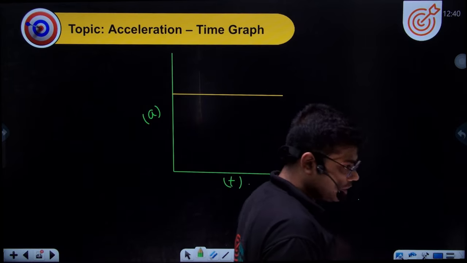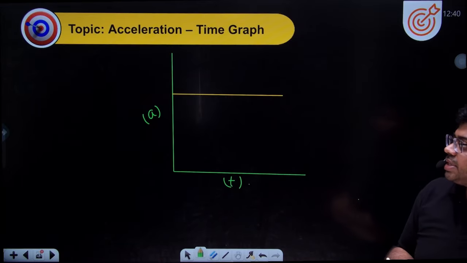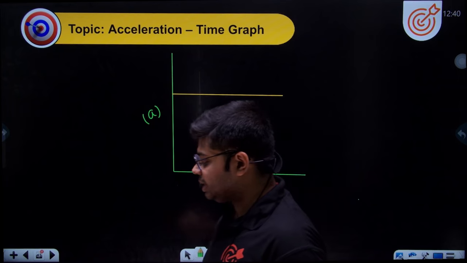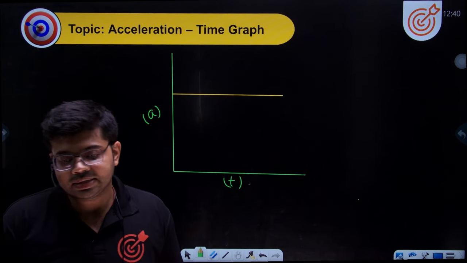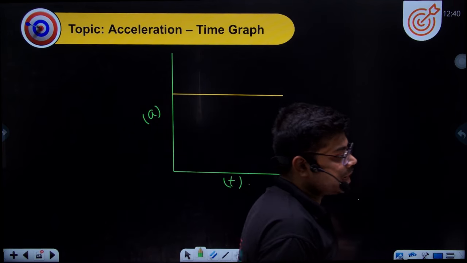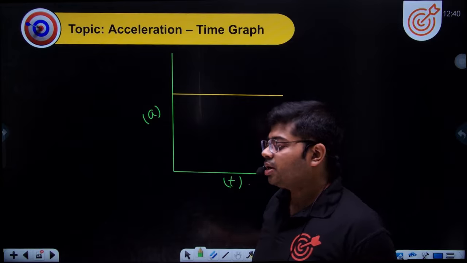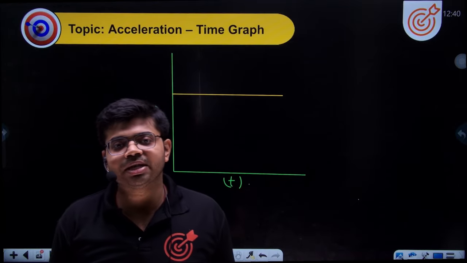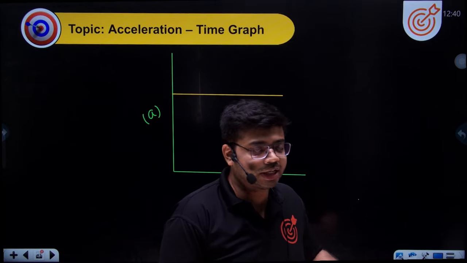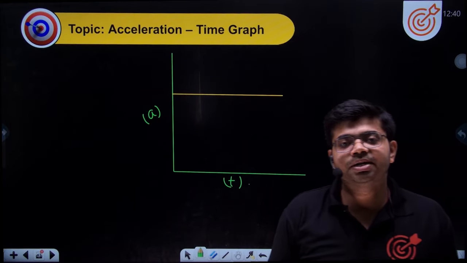But even for a motion which is having a constant acceleration, can we say that that motion is basically uniform? No, the motion is not uniform, because constant acceleration means velocity keeps on changing. With each and every passage of time, the velocity is changing.